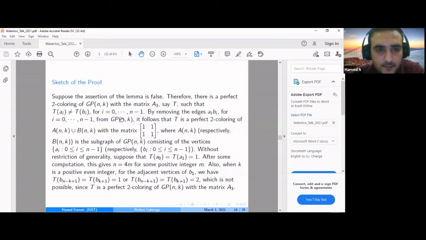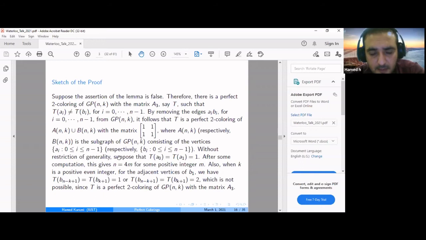Here is a sketch of the proof of the lemma. Suppose that the assertion of the lemma is false. So there's a perfect coloring with the matrix A3. By removing the X, A_i, B_i from GP(n, k), we obtain a perfect 2 coloring with the matrix 1, 1, 1, 1, where A(n, k) is the subgraph of GP(n, k) consisting of the vertices A_i, and B(n, k) is the subgraph consisting of the vertices B_i.